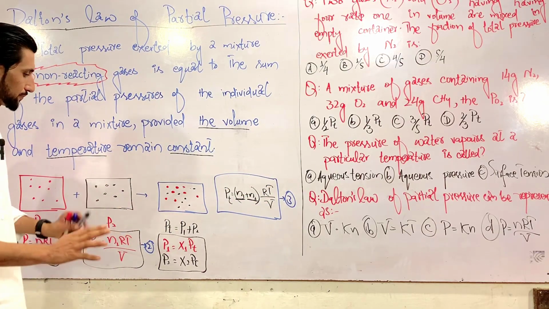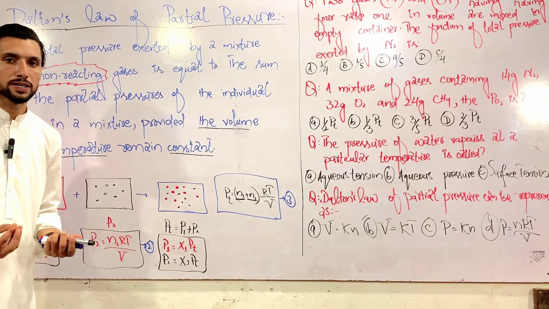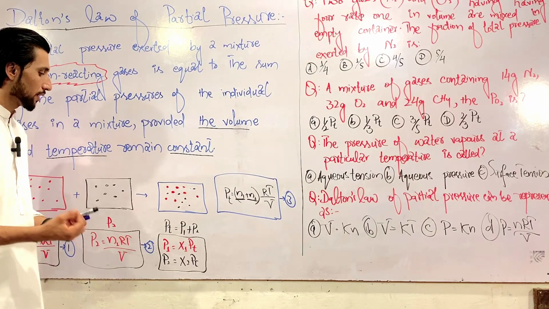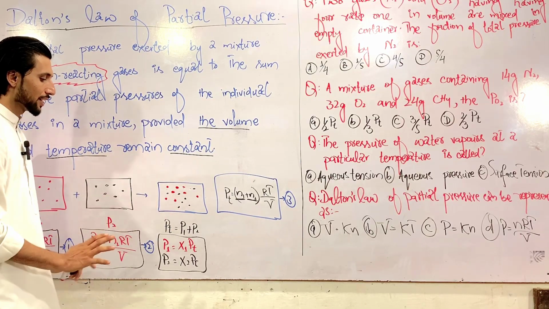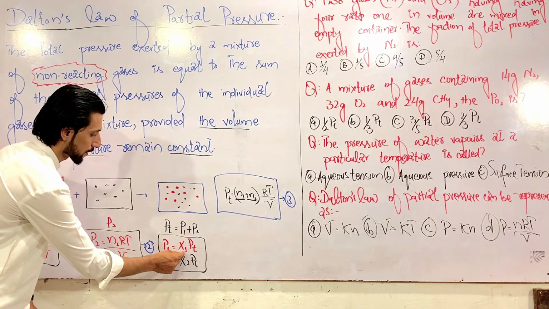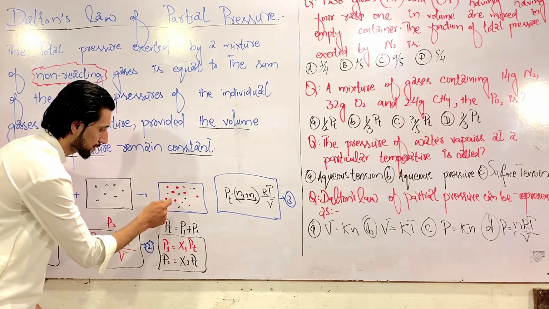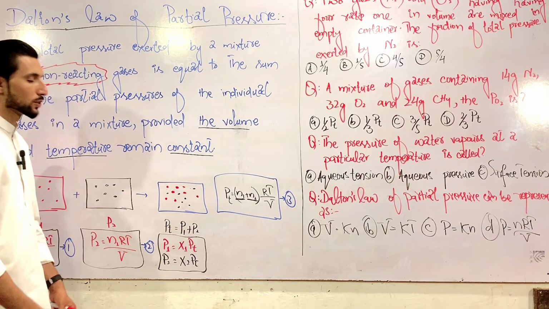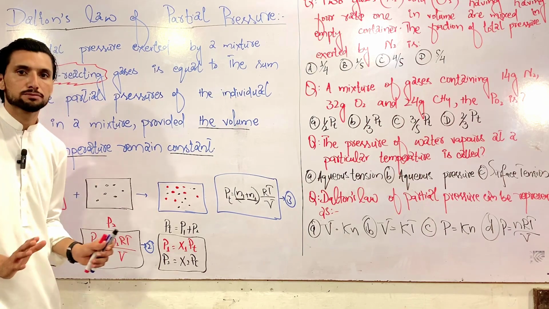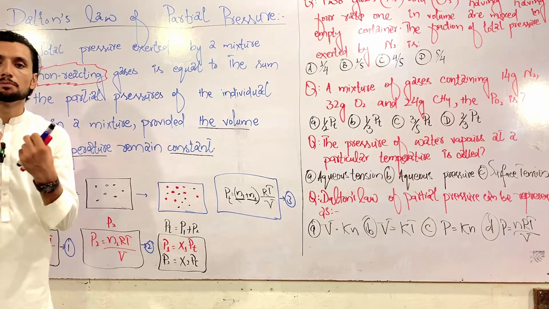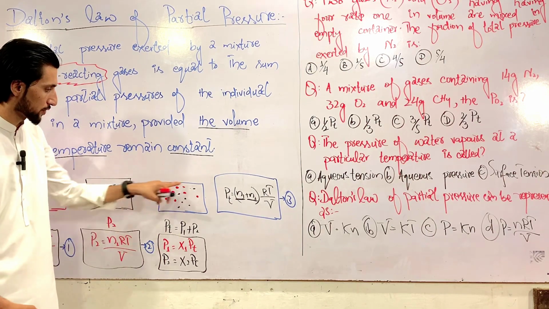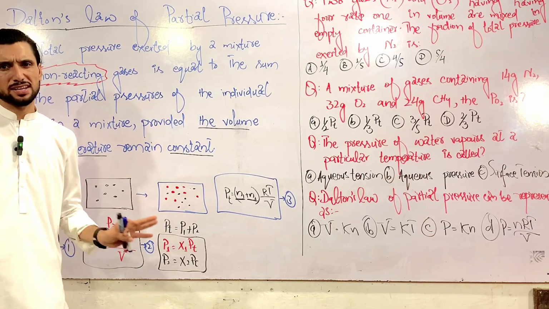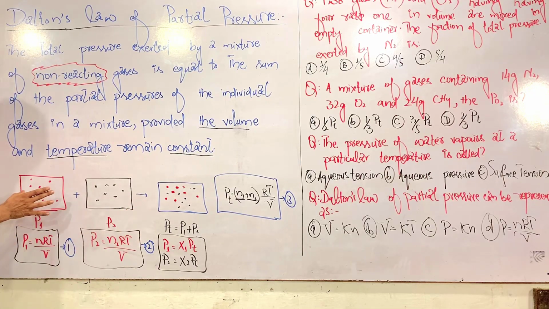Okay, here again, if I want to find the pressure of gas 1 in this mixture, that would be equal to the mole fraction of gas 1 multiplied with the total pressure. Again, if I want to find the pressure in this mixture, it will have the same pressure that it would have in this case.